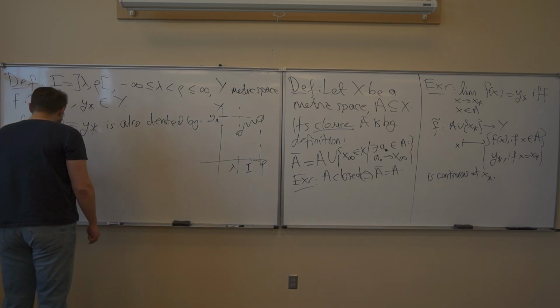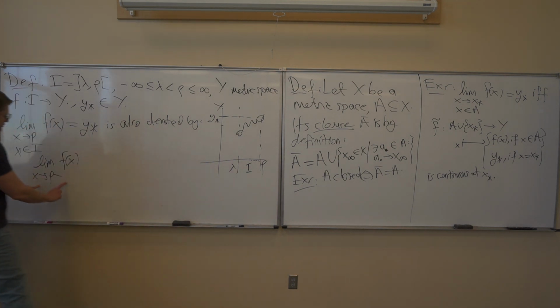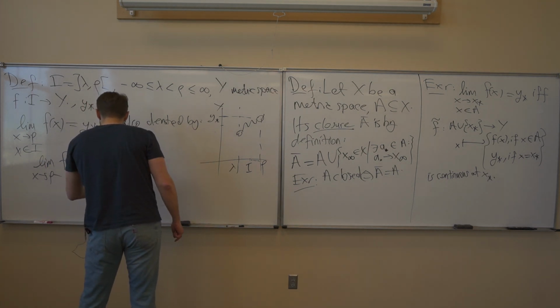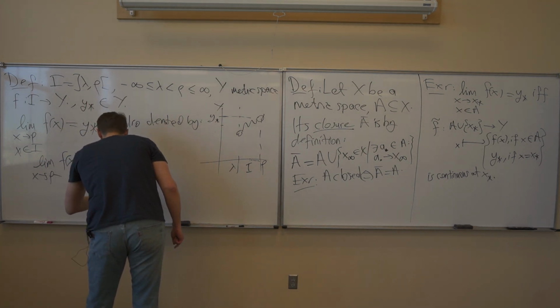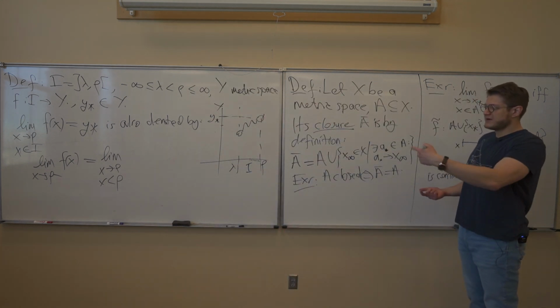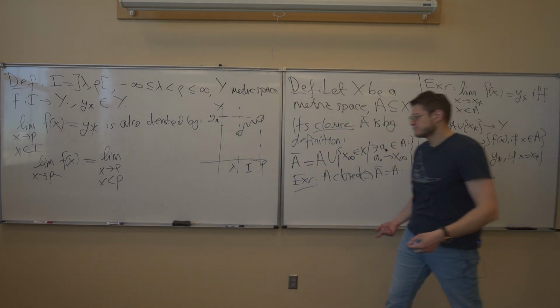So you can write this, or this is slightly better, I think. As x goes to rho, let's say that x is less than rho. Now you don't need to remember if minus represents this way or this way.